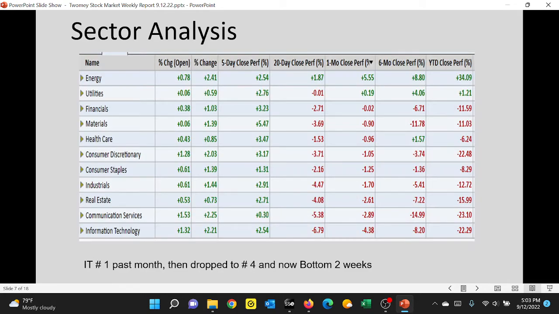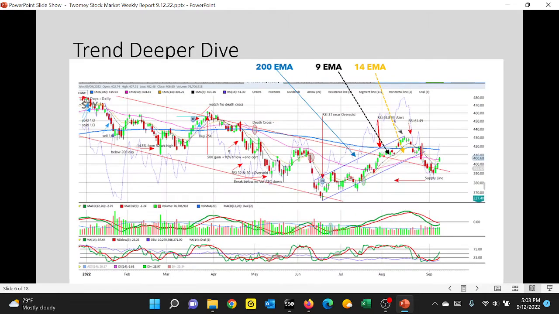Sector analysis this week. Another interesting thought: IT. When the market's been going up, IT was number one during the whole summer market rally, right? These are growth stocks where the P/Es, the price to earnings ratios, are high.